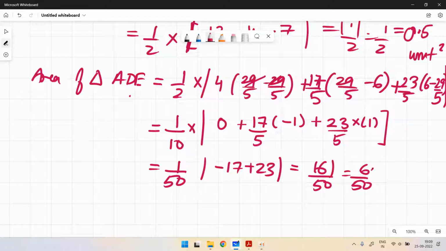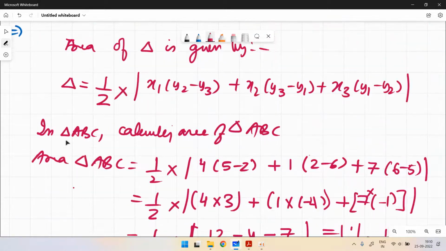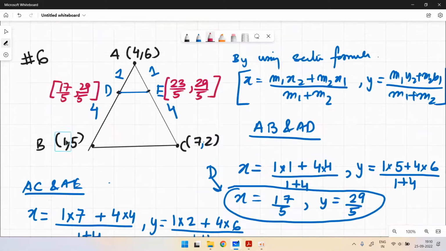So 2 to the 2, 3, 6, 225, 3 by 25 unit square. Let me check again. So my points are same or different.